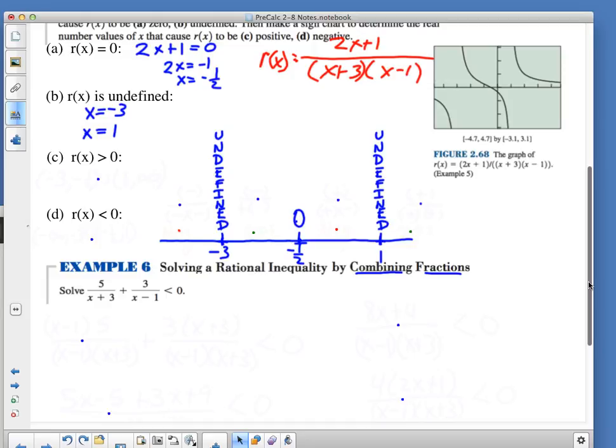I still pick numbers inside ranges. So I'm going to pick a number way down here on the left side of negative 3. Oh, negative 10 looks great. So I now look at negative 10 in 2x plus 1. Okay, well, it's a negative value. That's my top value. Negative 10, the bottom value is negative, negative 10. So I've got 3 negatives.